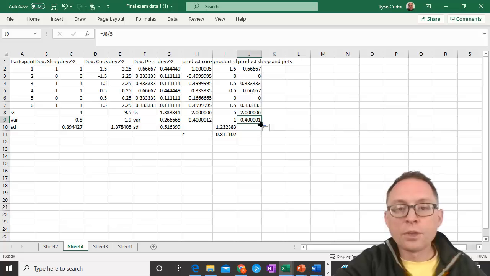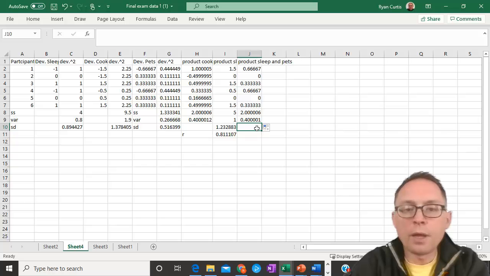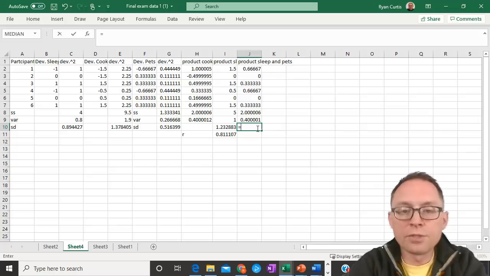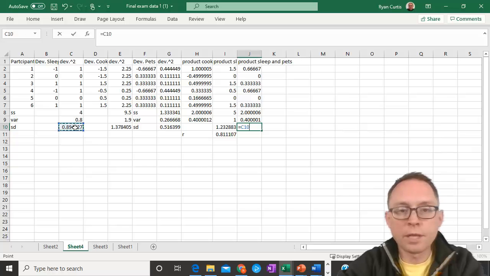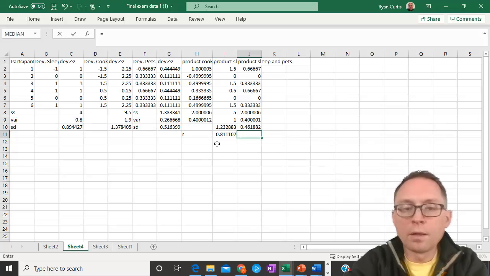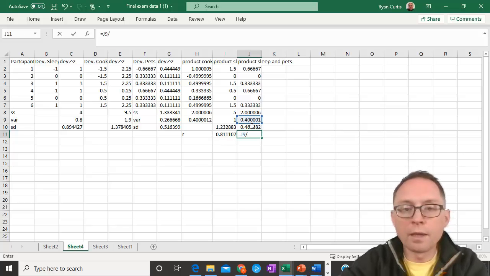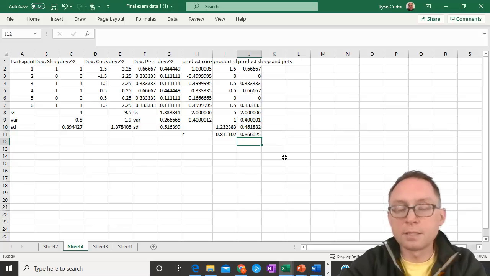We take the covariance times the product, okay, the product of our standard deviations equals sleep standard deviation times pets' standard deviation. And then R is going to be covariance divided by the product of the standard deviations, 0.8666.